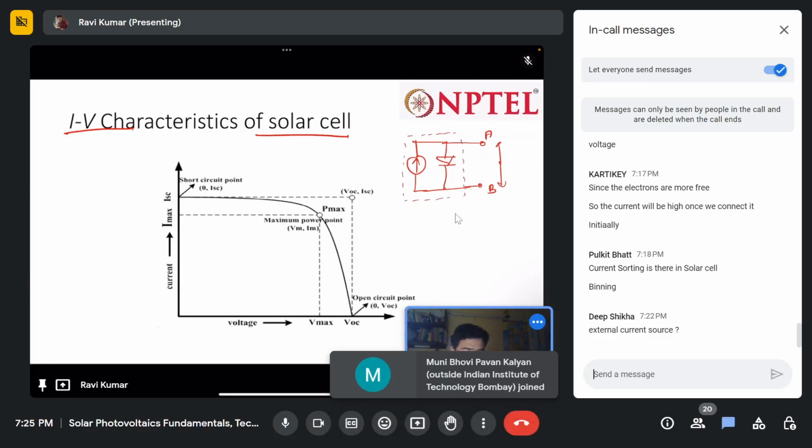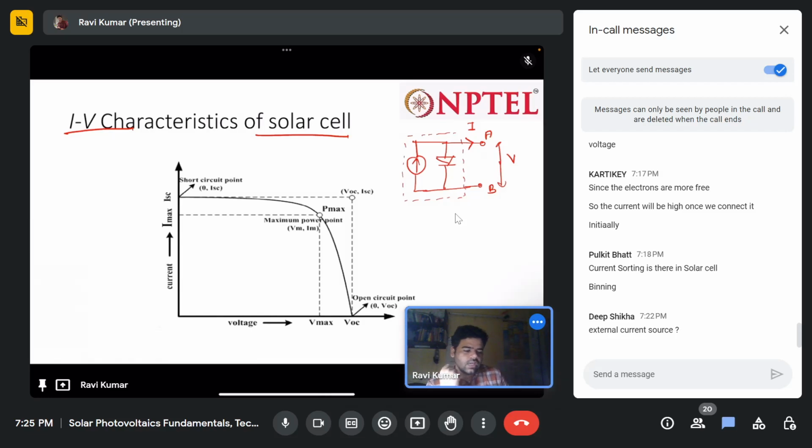So just tell me, if this is the current I and this is the voltage V, first thing I'll ask: if there is no connection between A and B, what should be the current flowing between A and B?